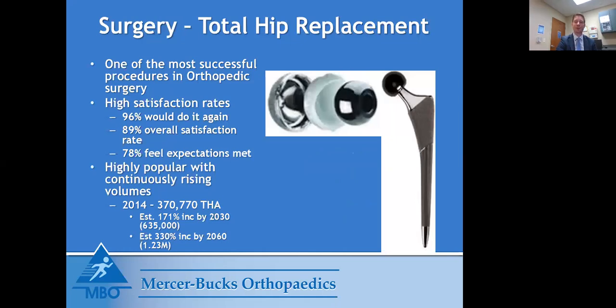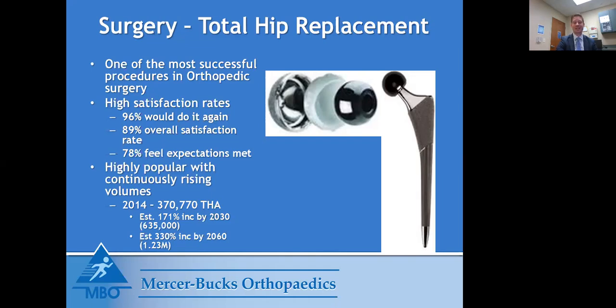All right, so total hip replacement. This is the operation that we do most commonly for patients who have hip arthritis that is no longer responsive to non-surgical treatment. It's one of the most successful procedures in orthopedic surgery, with very high satisfaction rates. Over 96% of patients surveyed said that they would do it again, with an 89% overall satisfaction rate, and over three-quarters of patients feel that their preoperative expectations were met.